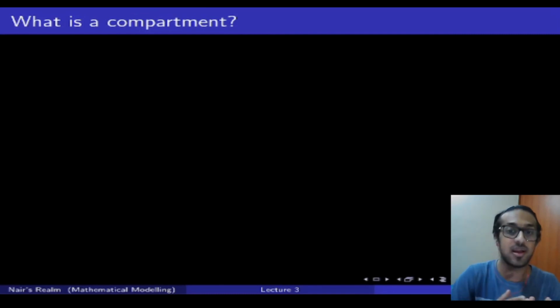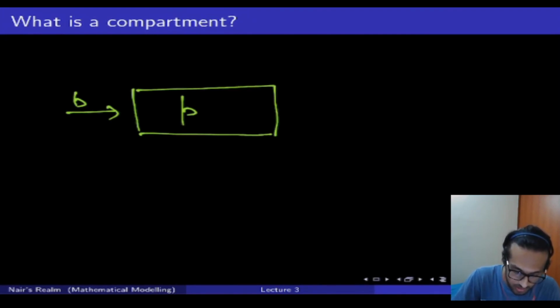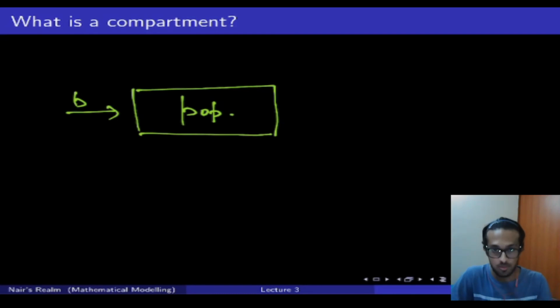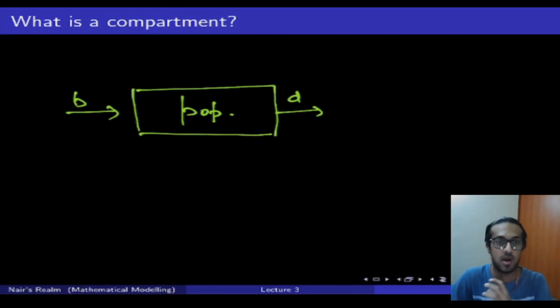So the birth rate and death rate can kind of be thought of as the entry and exit rates from the compartment. So if I have a compartment of the population, I can think of the birth rate as the rate at which people are entering this population compartment, and I can think of the death rate as the rate at which people are leaving compartments.